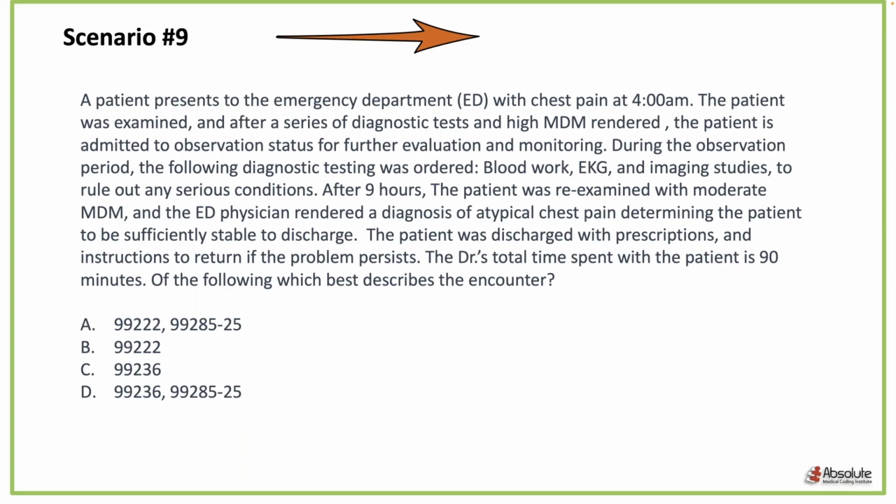After 9 hours, the patient was re-examined with moderate MDM, and the ED physician rendered a diagnosis of atypical chest pain, determining the patient to be sufficiently stable to discharge. The patient was discharged with prescriptions and instructions to return if the problem persists.